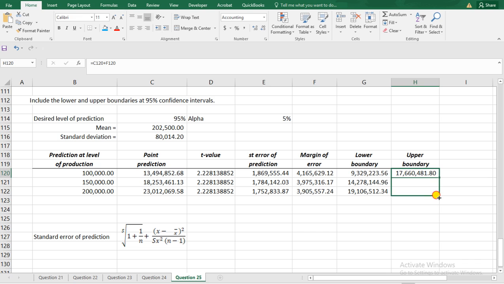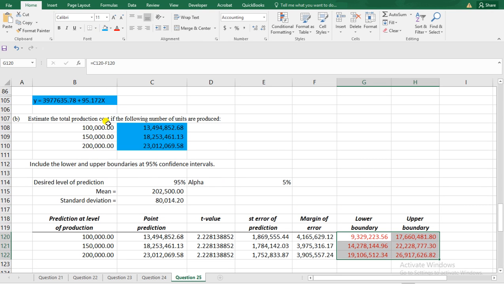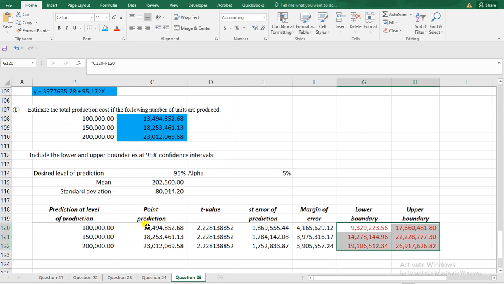See the magic, voila. So this is based on what the examiner had asked us to do, where we are supposed to estimate the total production cost for the following number of units produced, which we have estimated.